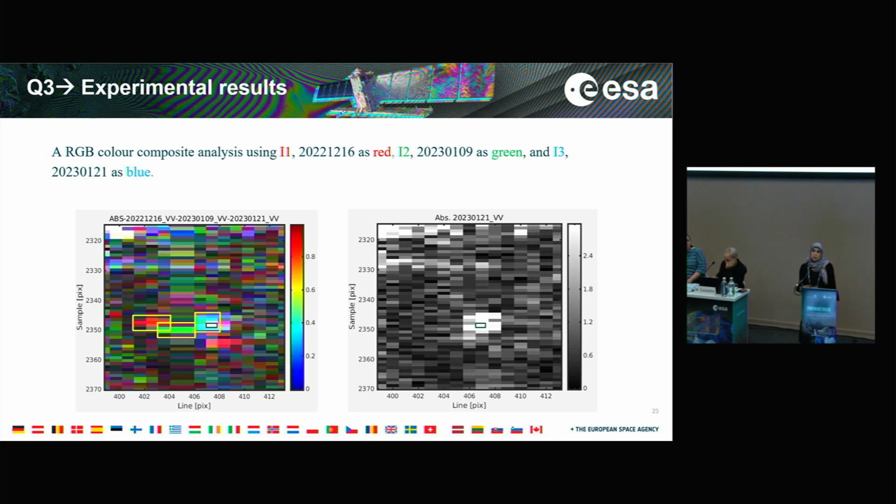This helped us to reassure the location of the central corner reflectors with white color. The corner reflectors located in along track direction in the first and second layouts appear with red and green color. And in the bluish area, the pixels affected by the corner reflector installed in the third layout in a cross-track direction.